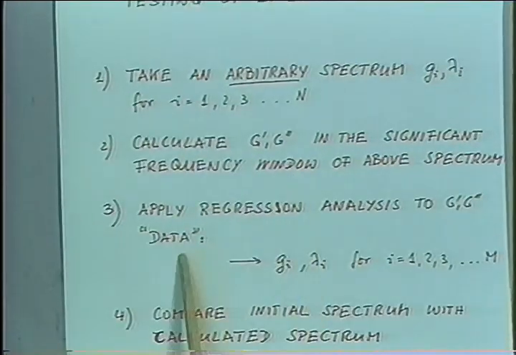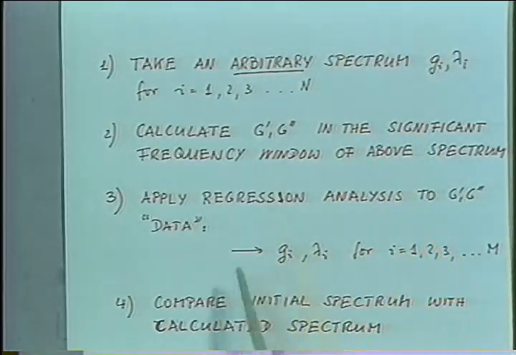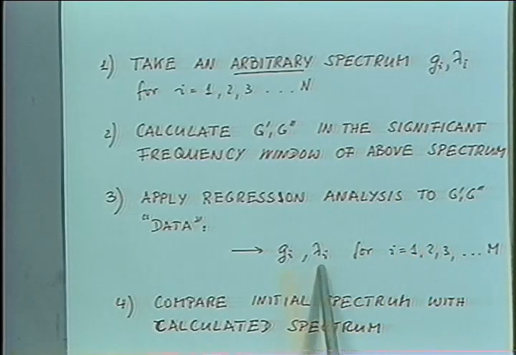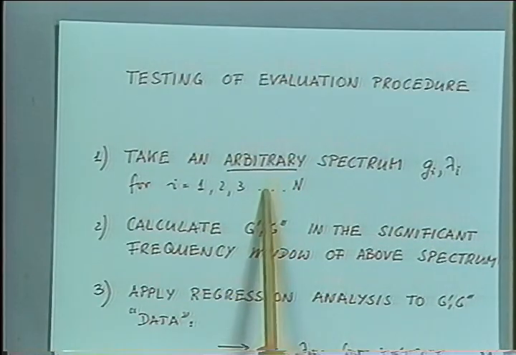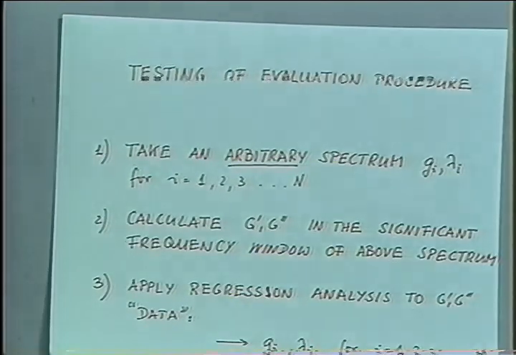And with that, we calculate now, with our regression analysis, a set of G_i, lambda_i's. We would calculate our discrete relaxation modes. And those modes then are compared with our initial data set, and then we can say whether the cycle is closed, whether our analysis is going to work.